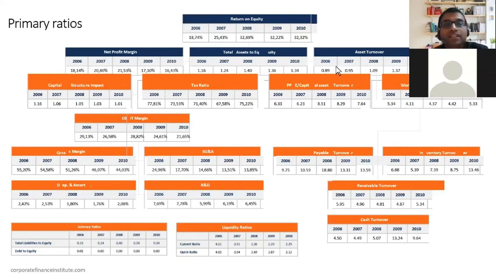Technically, your scale of operation has increased, but per 100 rupees of sales which you did, it resulted in a lesser net profit earning for your company. Are you guys with me? And the asset to equity ratio has also increased. But in this current situation, these two things play an important role in what is contributing to this return on equity.